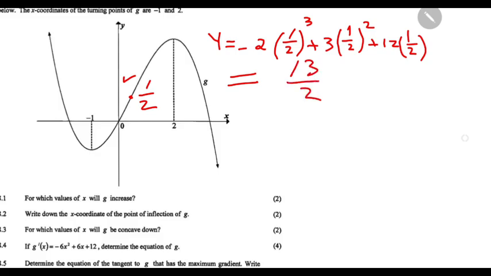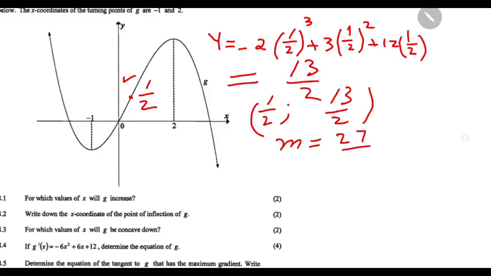Now I've got the gradient and I've got the point of tangency as well. I've got the x value 1/2 and the y value 13/2, and the gradient is 27/2. So all three of these I have now. Now I'm going to determine the equation of the tangent.